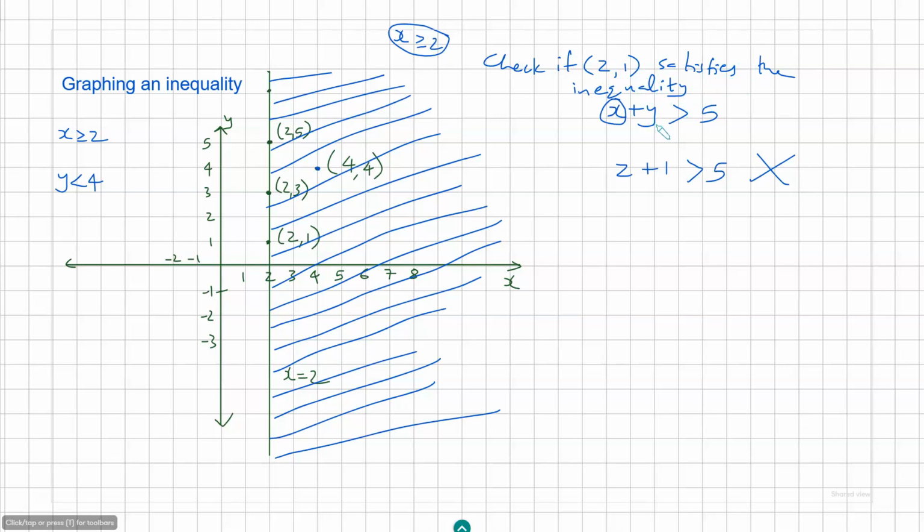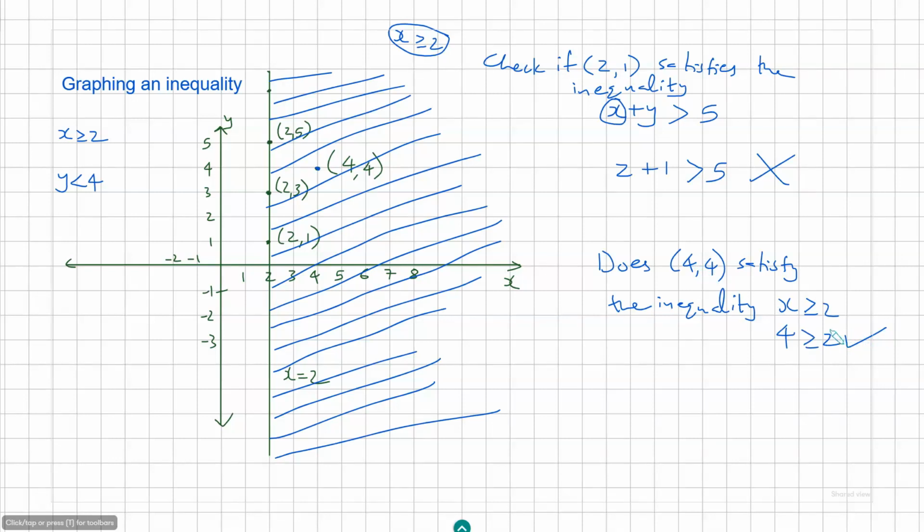Now take the point 4, 4. Does 4, 4 satisfy the inequality x greater than or equal to 2? It does satisfy, because if you substitute, the x coordinate is 4, so you'll get 4 greater than or equal to 2, which is true.